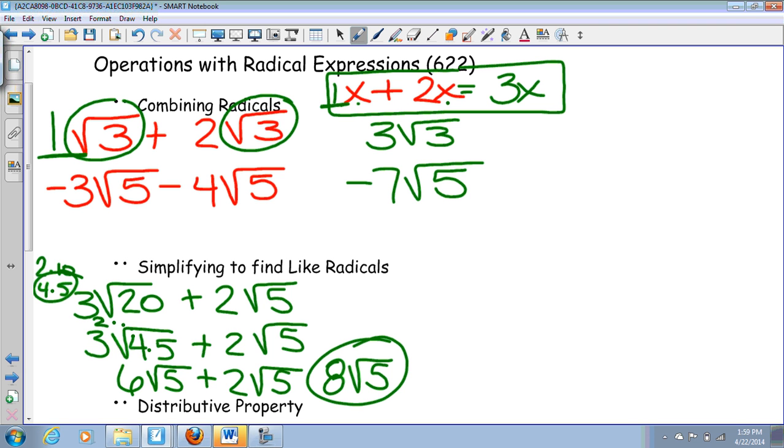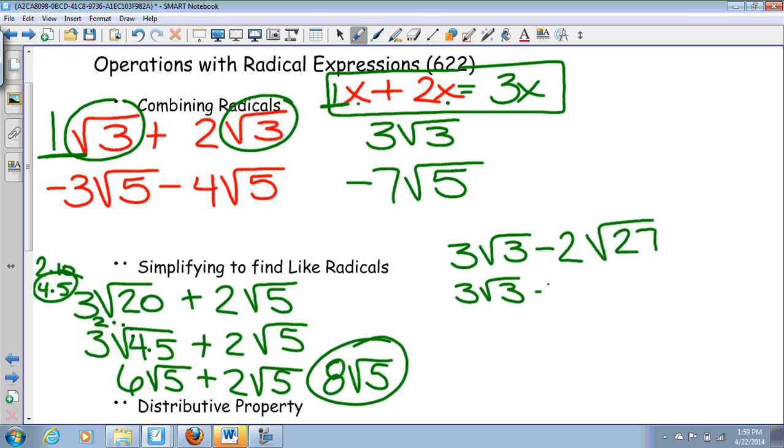How about 3 times the square root of 3 minus 2 times the square root of 27? Okay, 3 is prime, so 3 times the square root of 3 is going to stay the same. Minus 2, 27. 9 times 3.